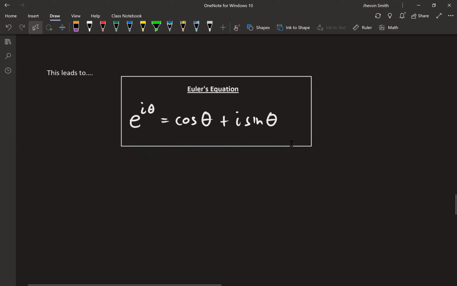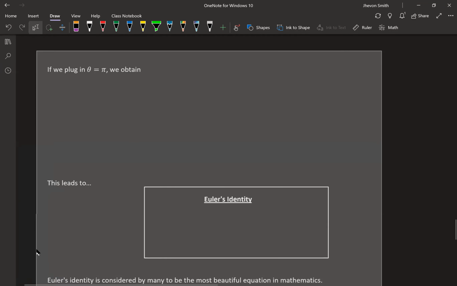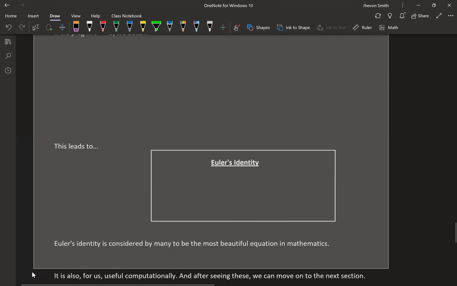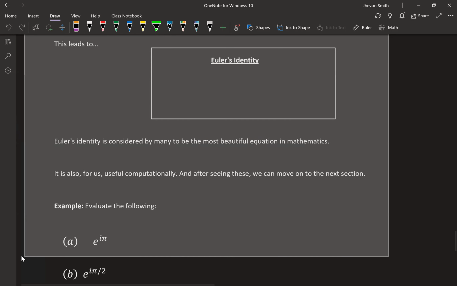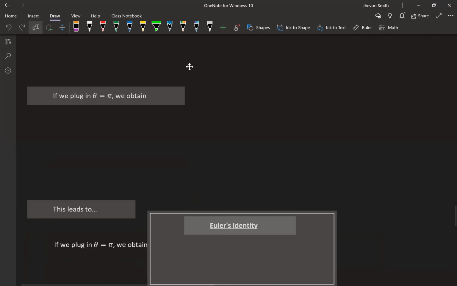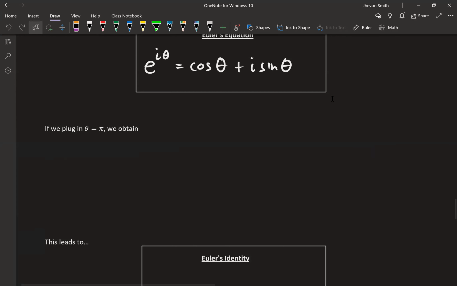Now, there's a very nice thing that you can have, which I'll just stop by here. Notice if we plug in theta equals pi, we obtain the following.